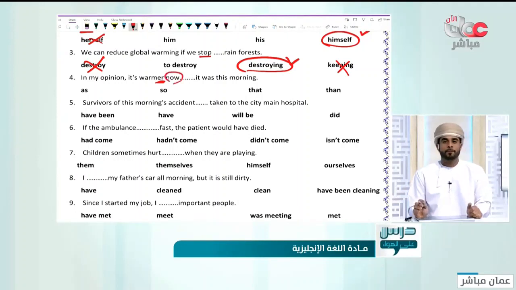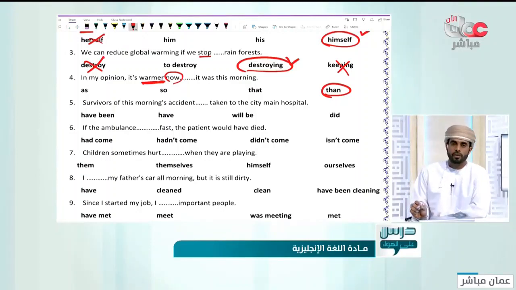Yes, we meant to put this one in there. It doesn't matter. Since you have these adjectives in here, we need to have than. Warmer than. It's not warmer and that's it. No, warmer than it was this morning, even though we have the word now over there. Good.